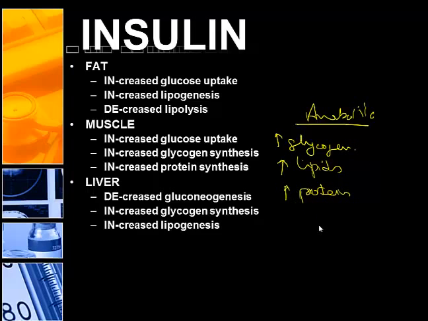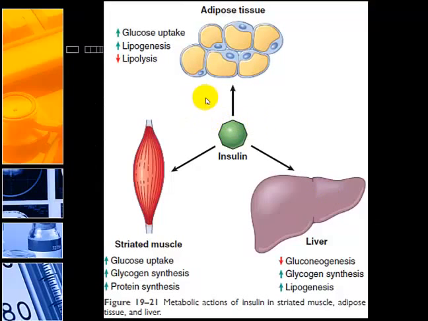Apart from that, it also has some functions on the DNA which we call mitogenic functions. It will help in growth, it will help in DNA proliferation, it will help in differentiation of cells. So these are the major functions of insulin. Now we can see it causes increased glucose uptake, it causes increased lipogenesis and decreased lipolysis within the adipocyte.